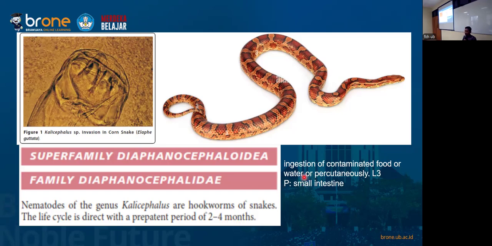Infection is by ingestion of contaminated food or water or percutaneously. When the definitive host ingests it, they will be infected by this Callicephalus. And the predilection site is the small intestine. Okay. Callicephalus, please take note.